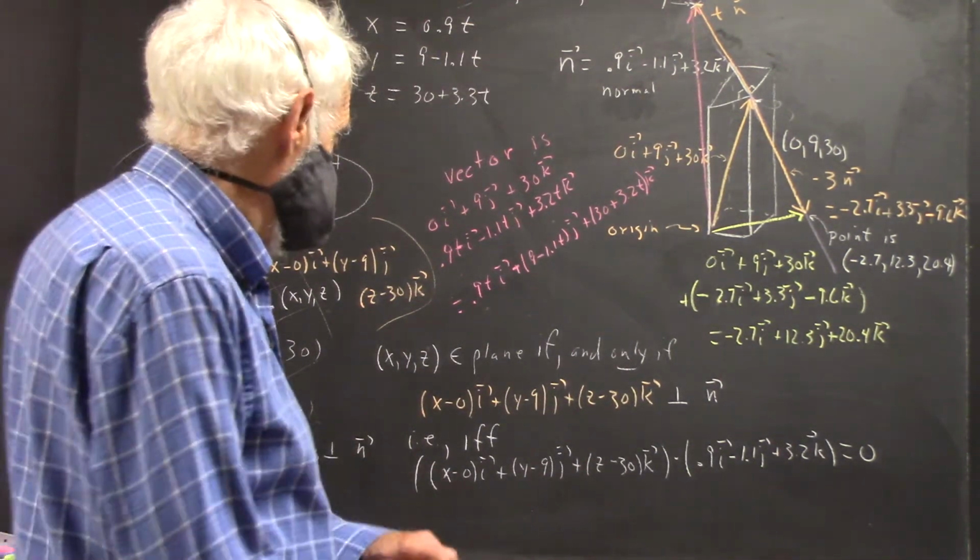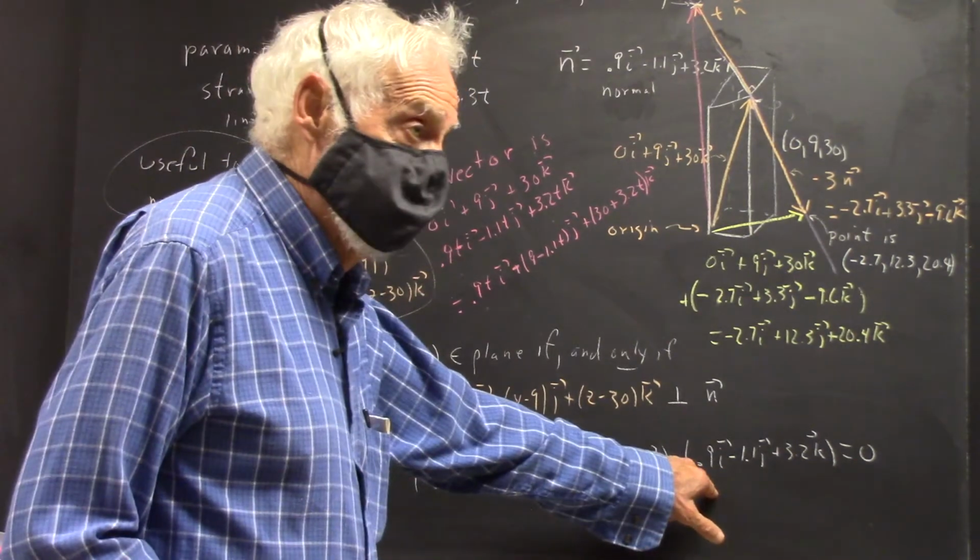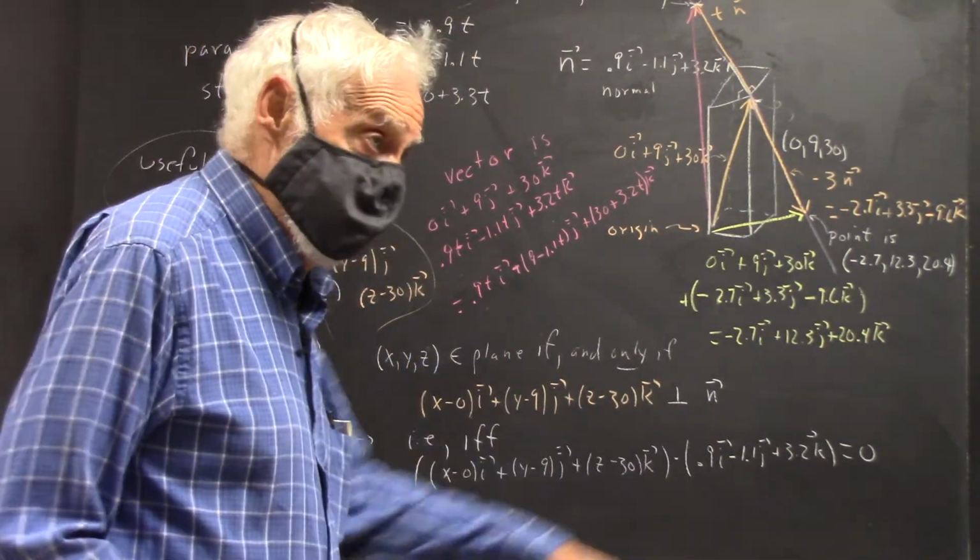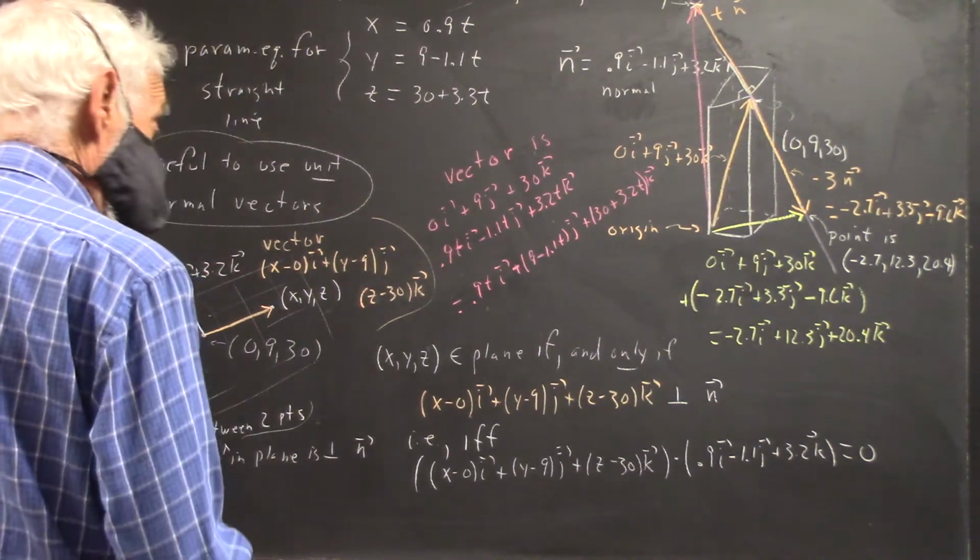And you would do the component of I times the component of I, the component of J times the component of J, and so forth. So what do you get?